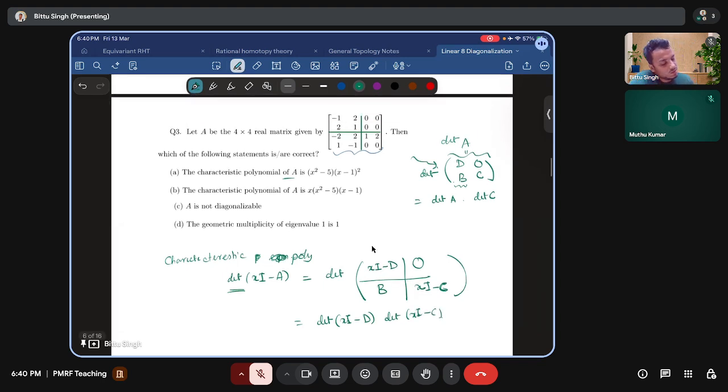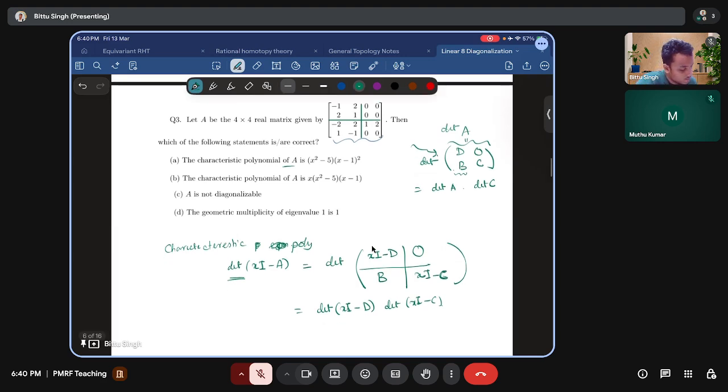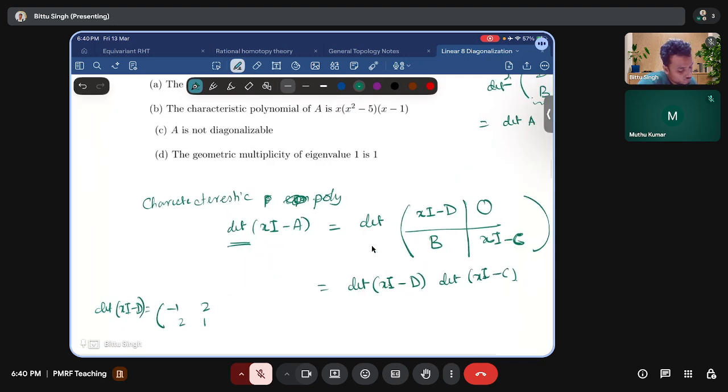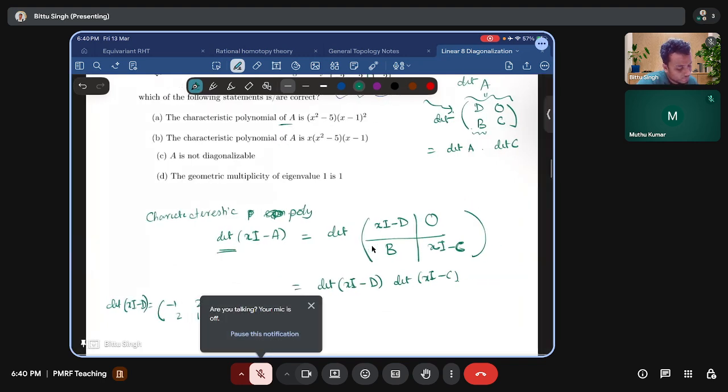So in our case, D is this matrix, minus 1, 2, 1, and we are trying to find the determinant of xi minus this D, right? Note that in this case the sign will not change actually.